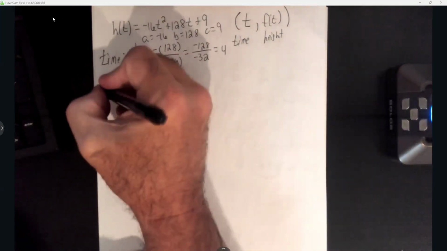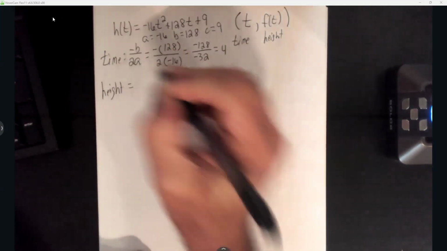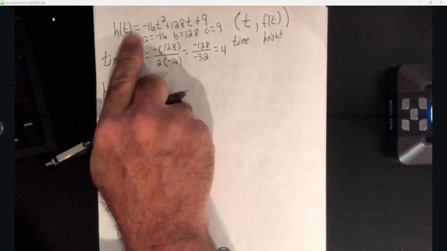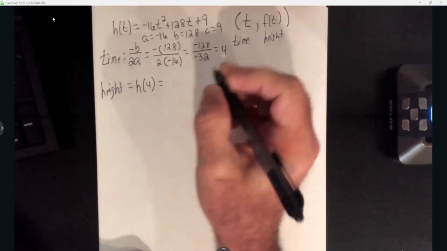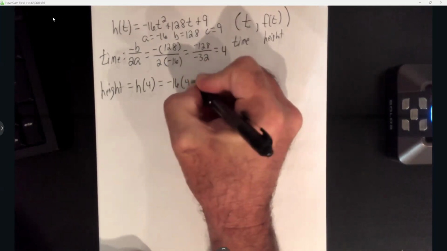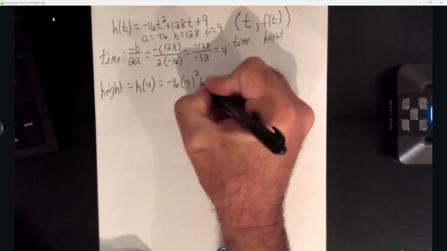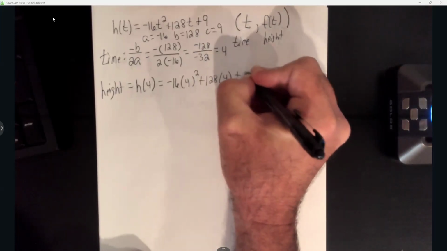So what is the maximum height? Well, the maximum height is going to be h of 4. So at 4 seconds, I got -16 times 4 squared plus 128 times 4 plus 9.